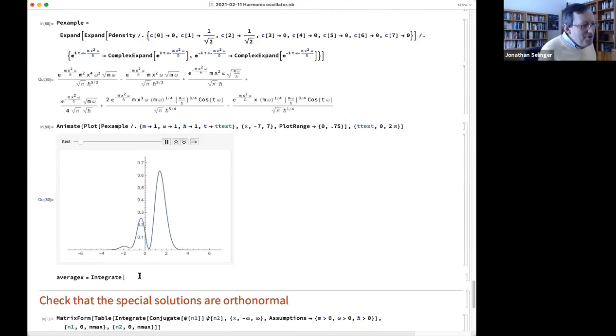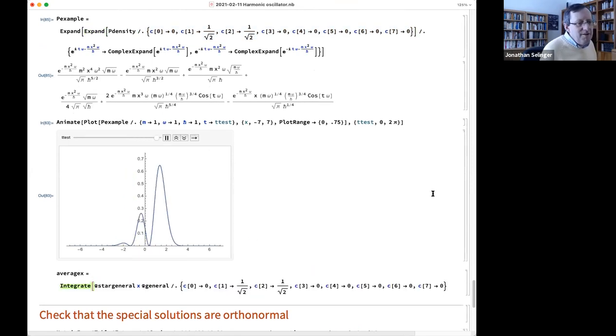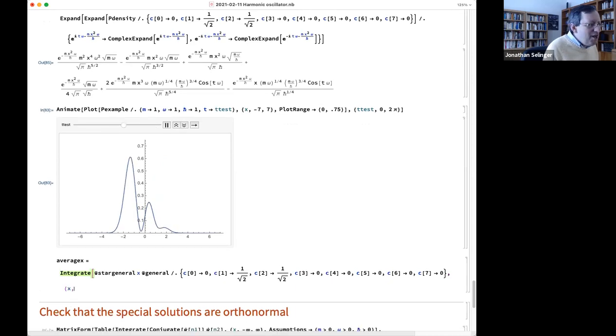I want to do this kind of integration, and I'll put an x in the middle of the sandwich, and I'll put in all my assumptions for all these coefficients. And let's integrate that for x from minus infinity to infinity.